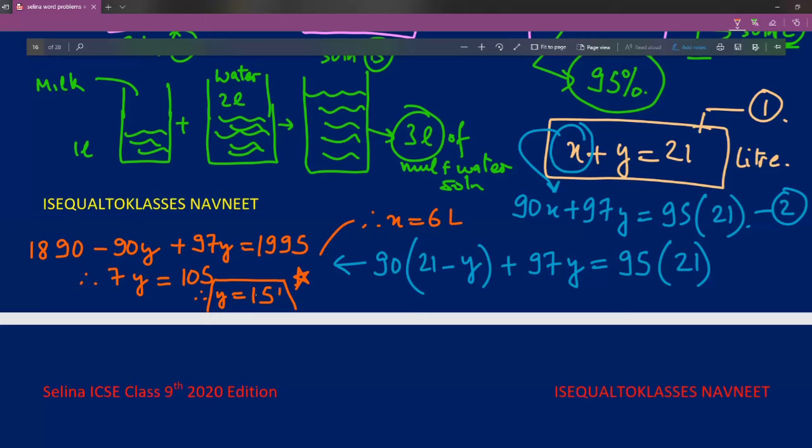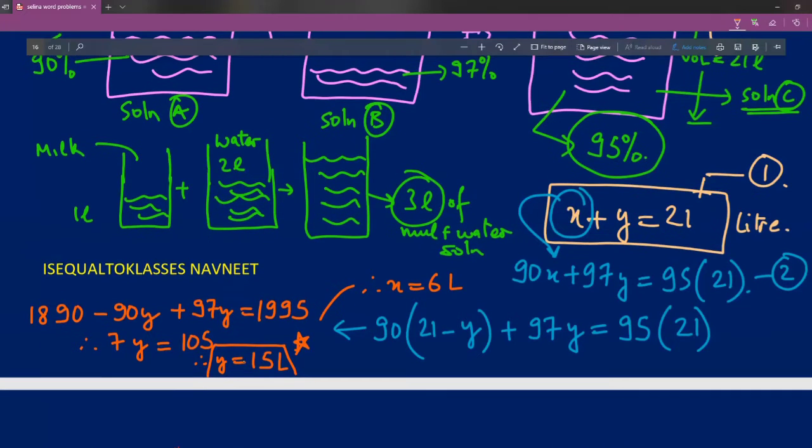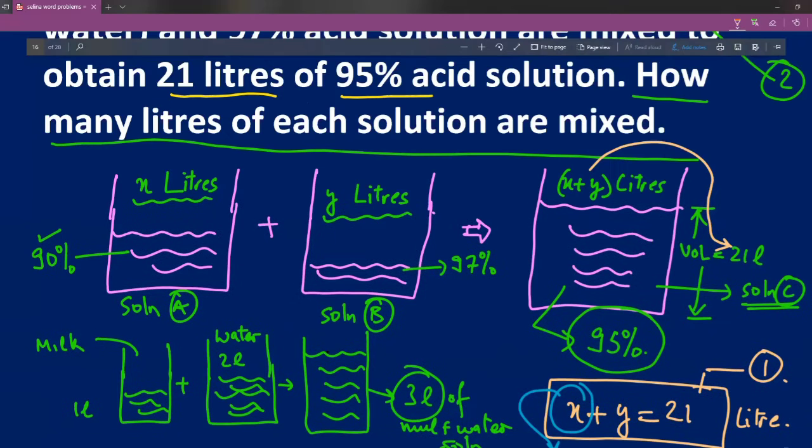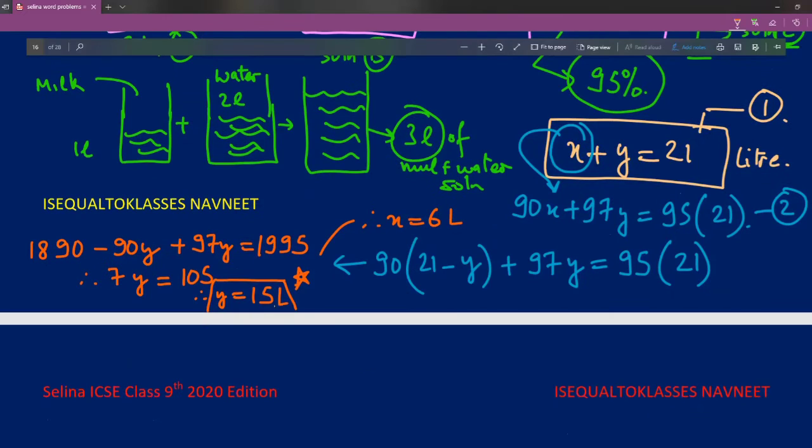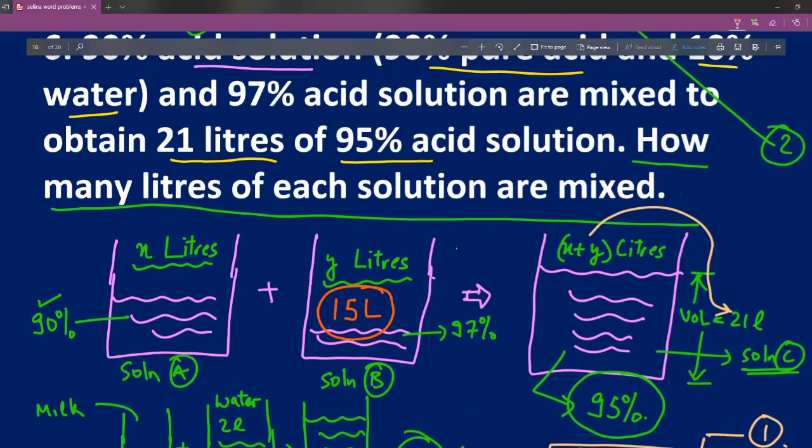This is 15 liters. Let us try to understand this problem. y is 15 liters, x is 6 liters. So 6 liters plus 15 liters would be equal to 21 liters.